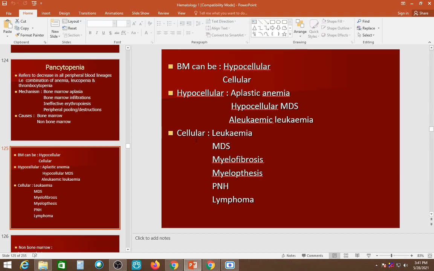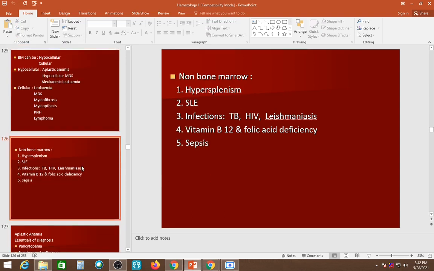Under the cellular, we have the following causes: leukemia, myelodysplastic syndrome, myelofibrosis, myelophthisis, PNH and lymphoma. So these are the causes. And the non-bone marrow causes of pancytopenia include hypersplenism, autoimmune disease like SLE, infections like TB, HIV and leishmaniasis, vitamin B12 and folic acid deficiency, and sepsis. Are you clear?